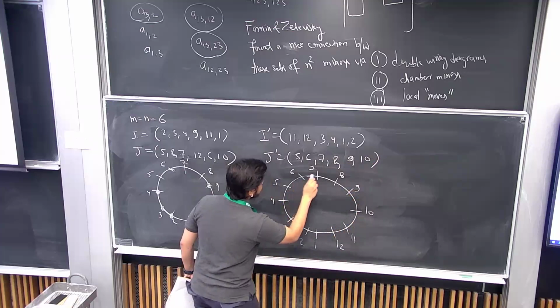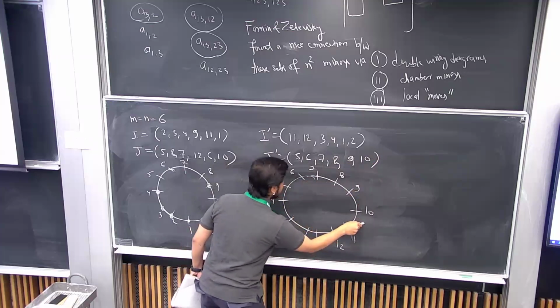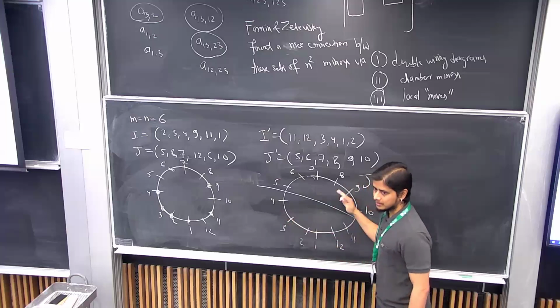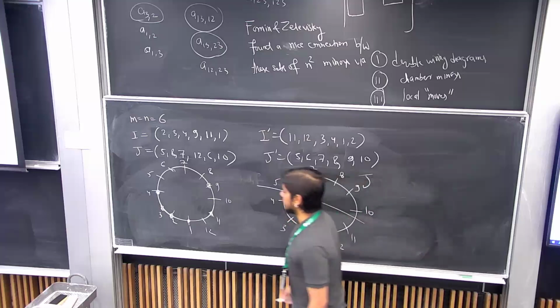So 5, 6, 7, 8, 9, 10 are all the elements of J, and these are all in I. So this set is weakly separated.